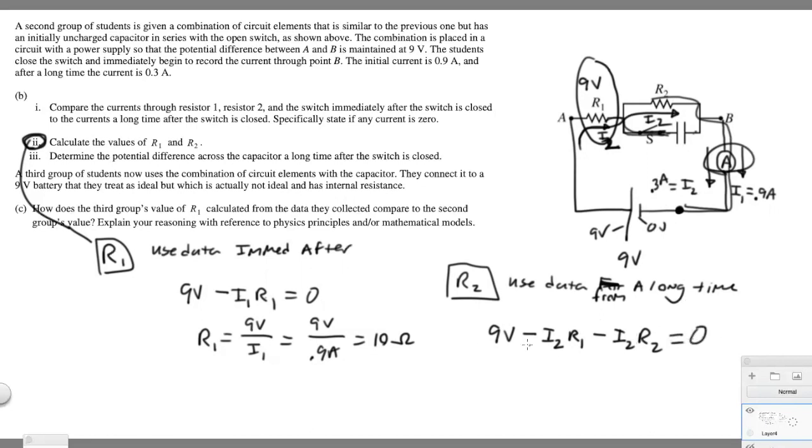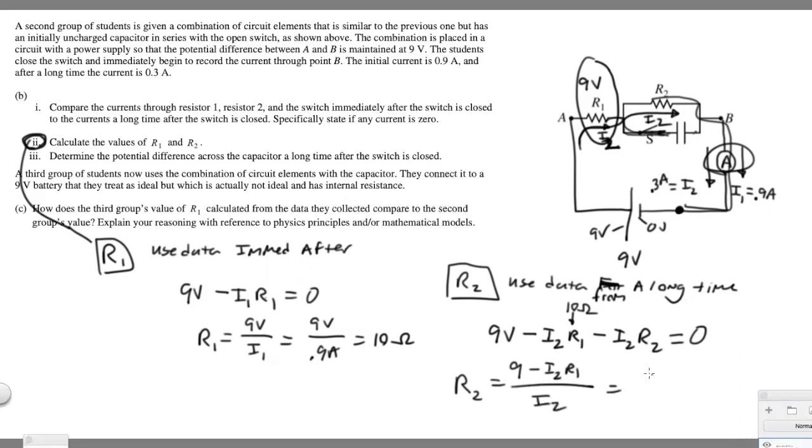Now we have everything in this problem. Oh no, we already know what R1 is. R1, we figured out. R1 is 10 ohms, so we can use that. So we're solving this for R2. Solving the algebra here, that's going to be 9 minus I2 R1 over I2.